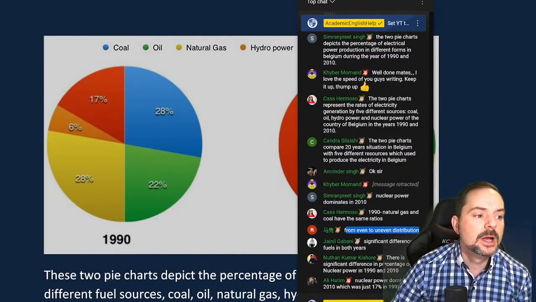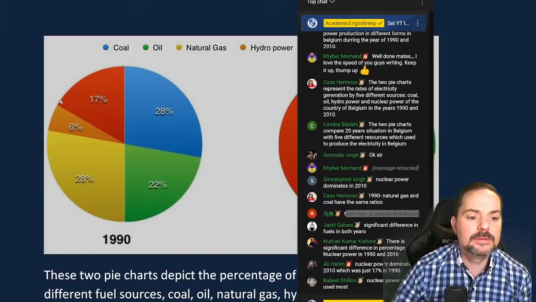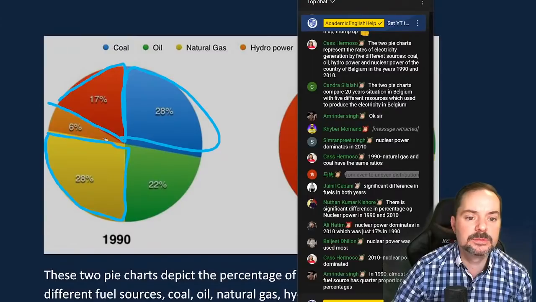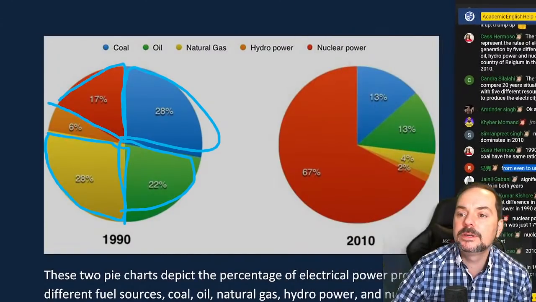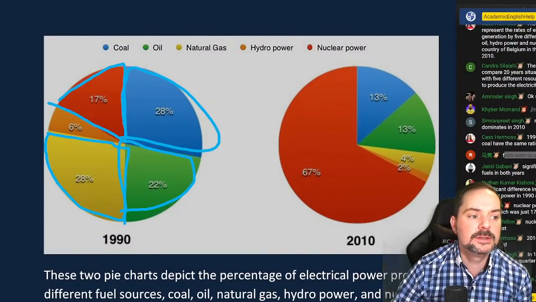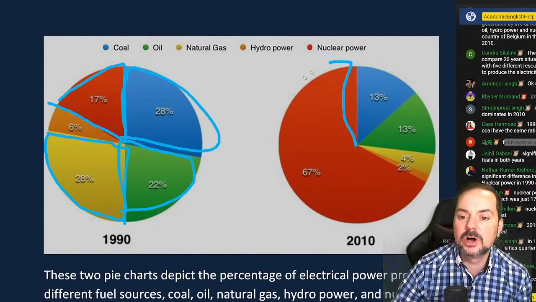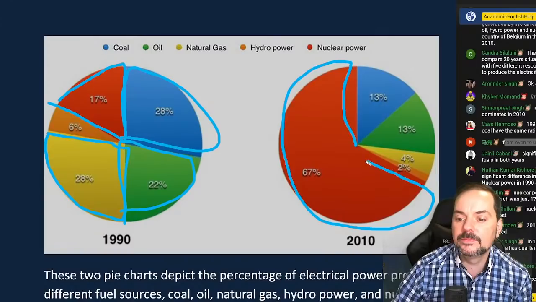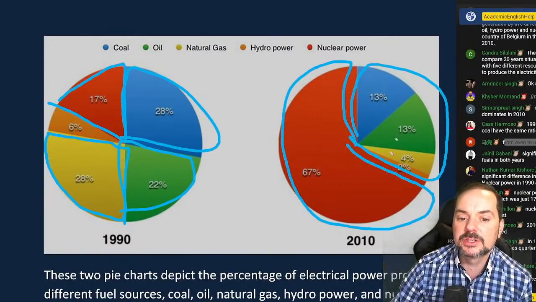So here we can see that in 1990, you have a fairly even distribution for most of these fuel sources, with the exception of hydropower, right? And then in 2010, that changes because you have this very dominant kind of fuel source, and then you have these other three that are making up significantly less, so it's uneven.